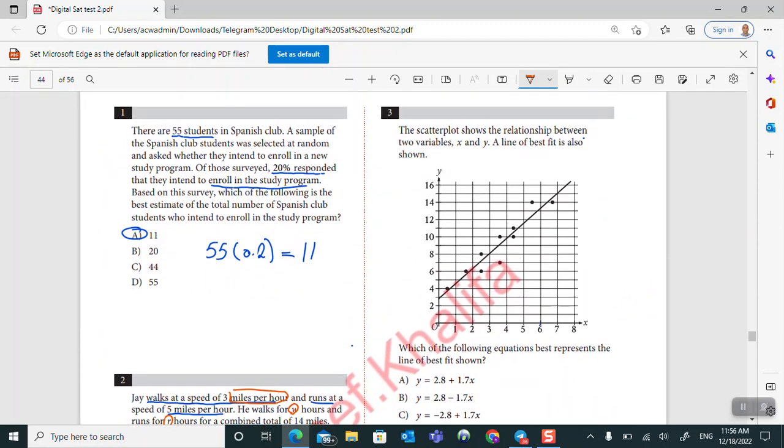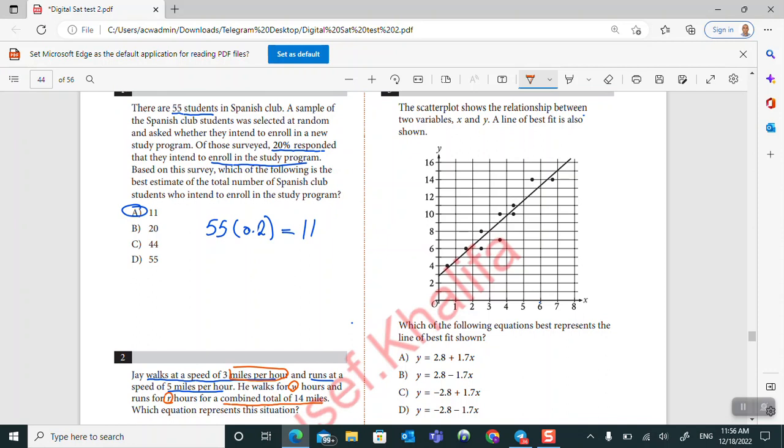Question 3 says, which of the following equations best represents the line of best fit shown? So this line that is drawn in orange is the line of best fit, and these are the actual points. So here he needs the linear equation of the line represented in the graph.